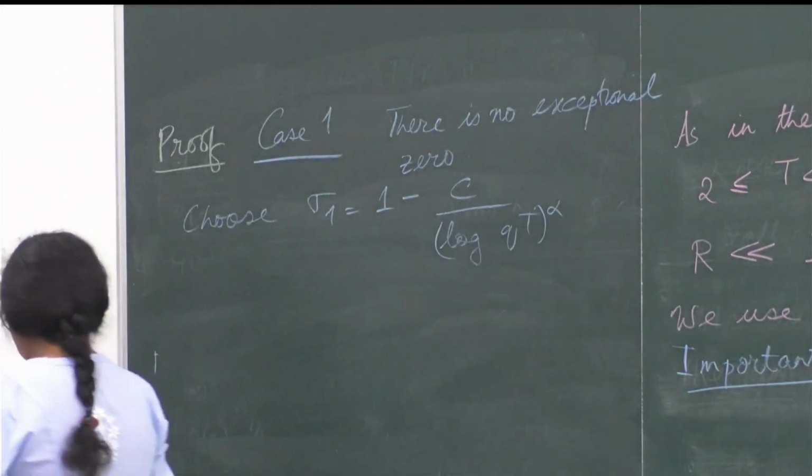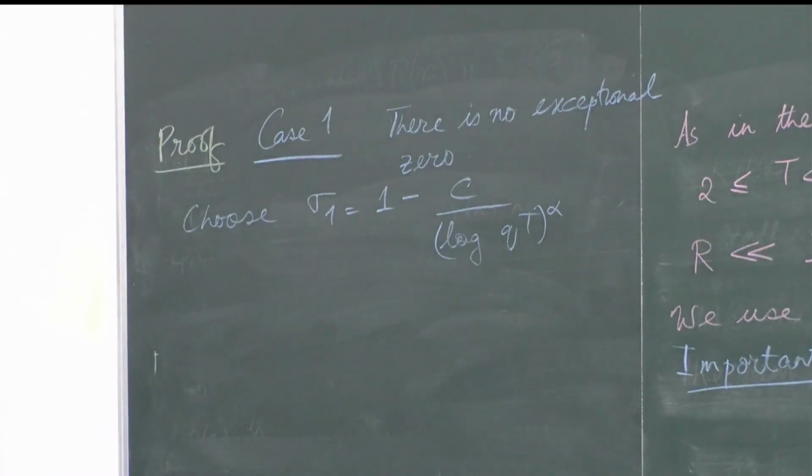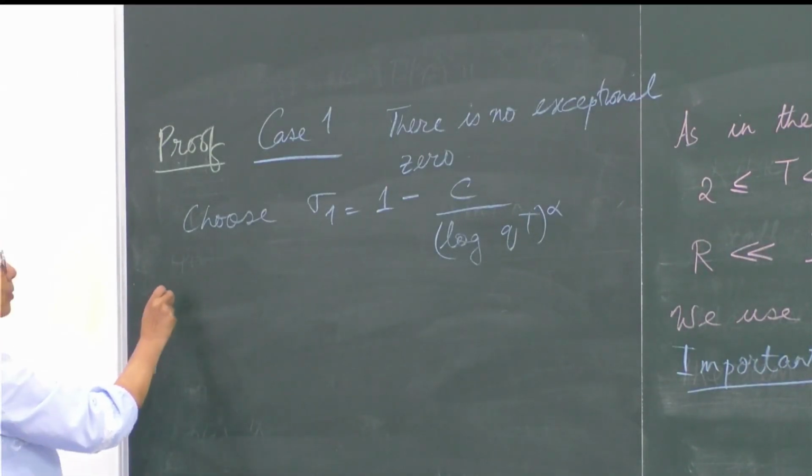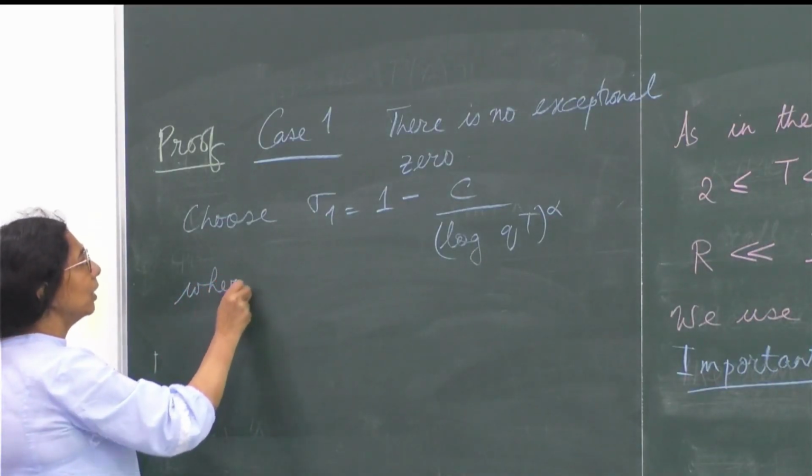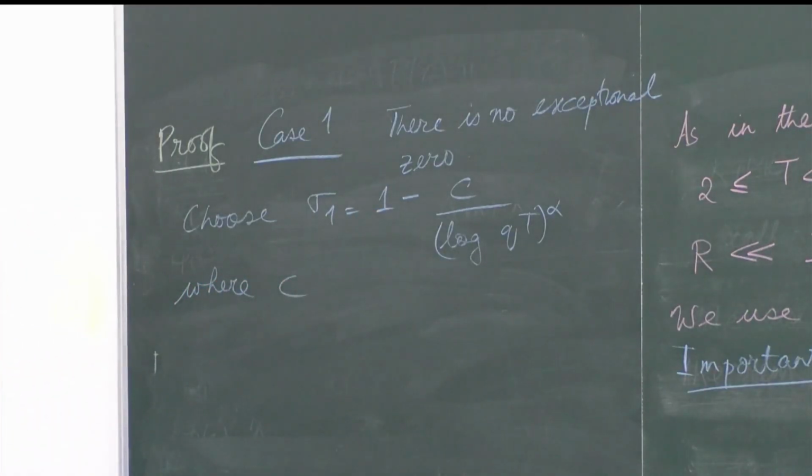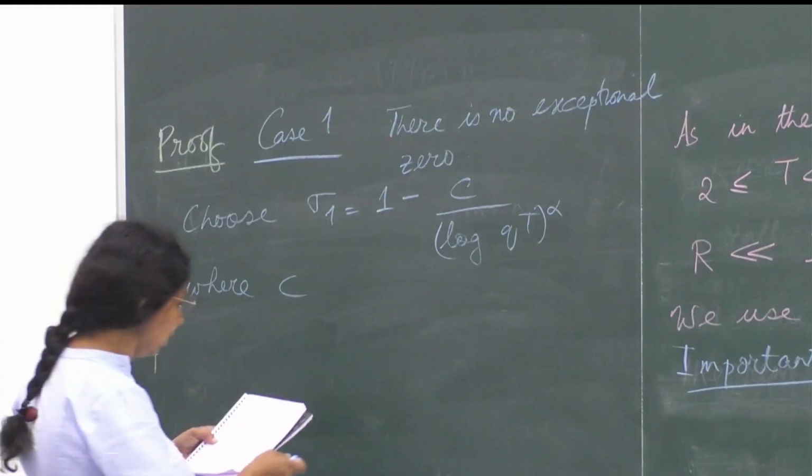Where C is a constant. Does this speak to you? This kind of a result, 1 minus C upon something? This is the zero free region, yeah? C is the constant.